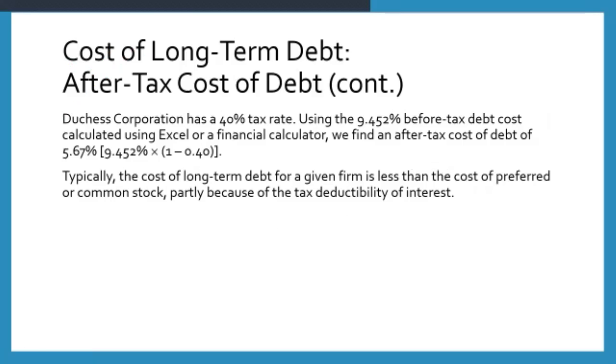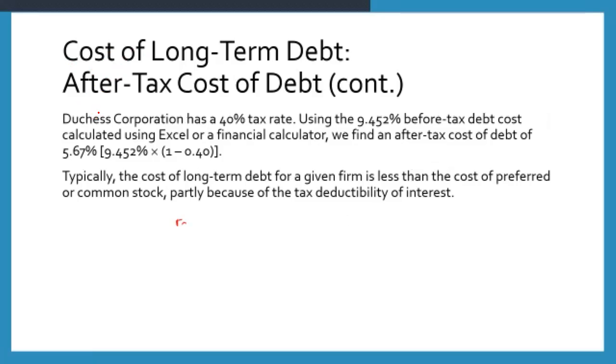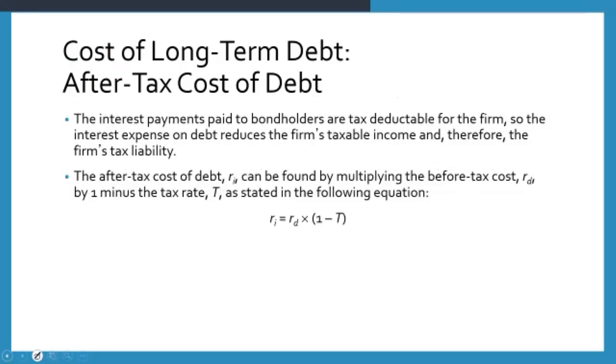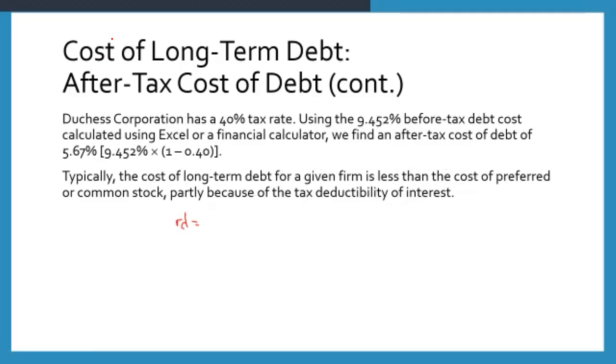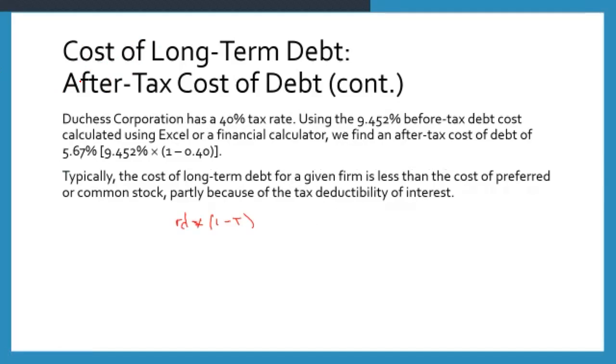So let's write the formula first. The formula is RD, required rate of return, is equal to RD times 1 minus the tax rate. So we have a tax rate of 40%, and again I just like to write it out.